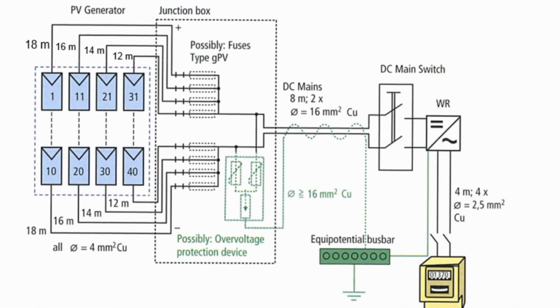And we have a different diameter: this is 16 square millimeters, also of a copper cable. Then comes the DC switch, and this is very close to the inverter. And then you have AC, which goes into the public grid. But we have to calculate the DC side only, so only all the cable lengths up to the DC main switch.